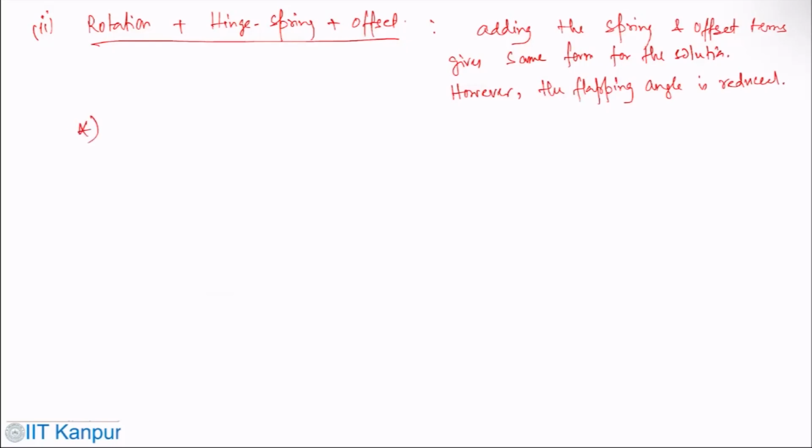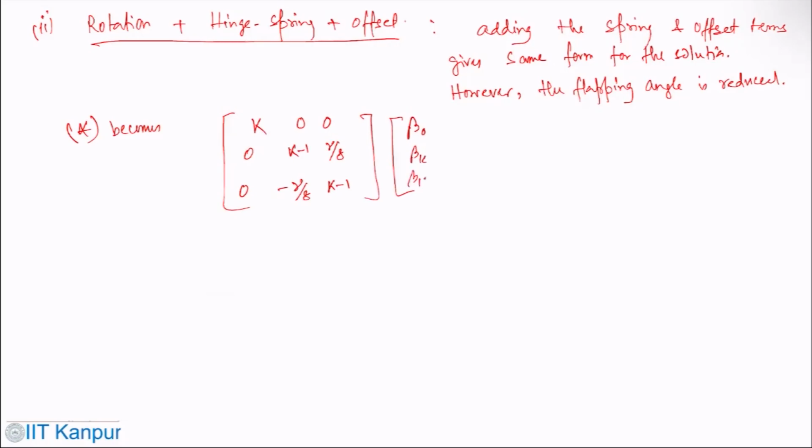So the matrix becomes K, 0 0, 0 K minus 1 gamma by 8, 0 minus gamma by 8, gamma by 2a 0 0.